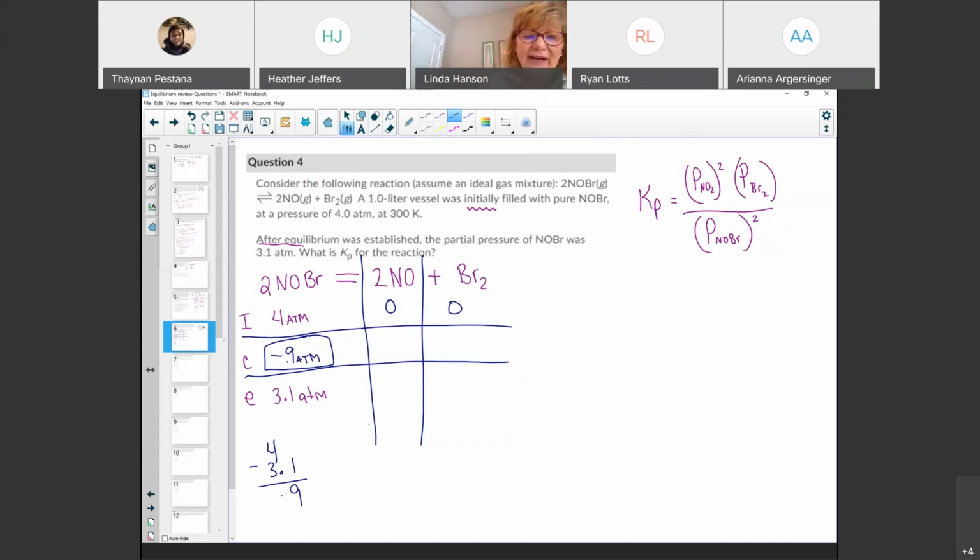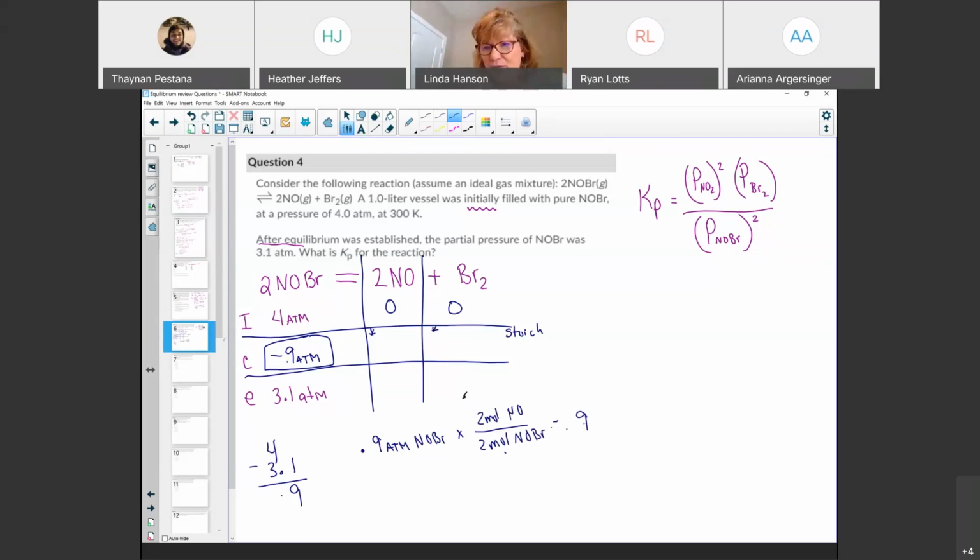Now that we have the change figured out, we use stoichiometry to calculate the other 2 change rows, right? This is stoichiometry dependent. So if I start with 0.9 atmospheres of NOBR, and I'm just showing some stoichiometry, we see that there's 2 moles of NO made for every 2 moles of NOBR consumed.